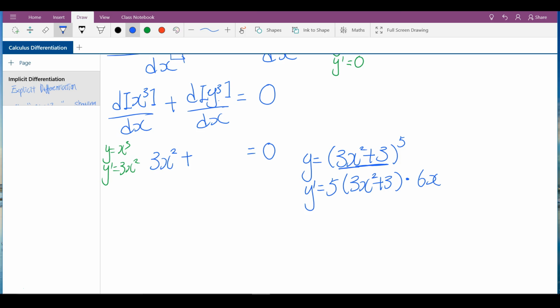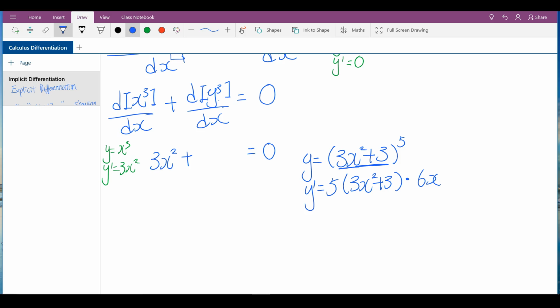All right, now going back here, y is a function of x, and if we got this particular format, we can do the chain rule. How I remember it is the derivative of the outside multiplied by the derivative of the inside.